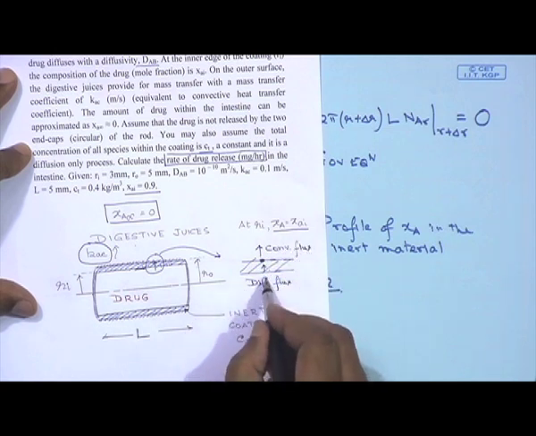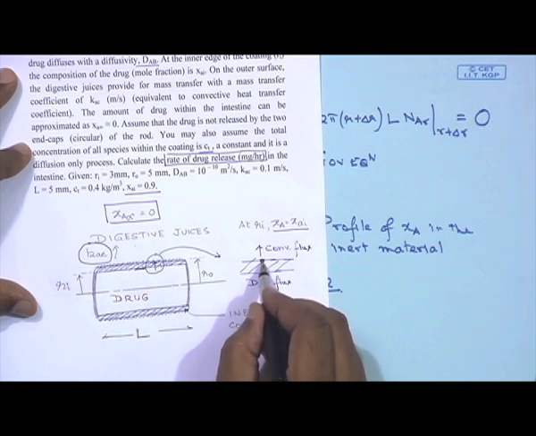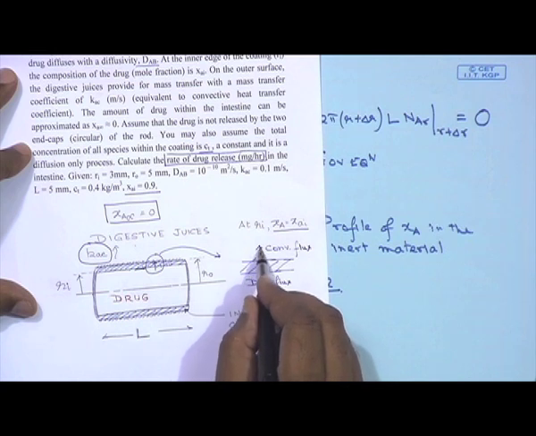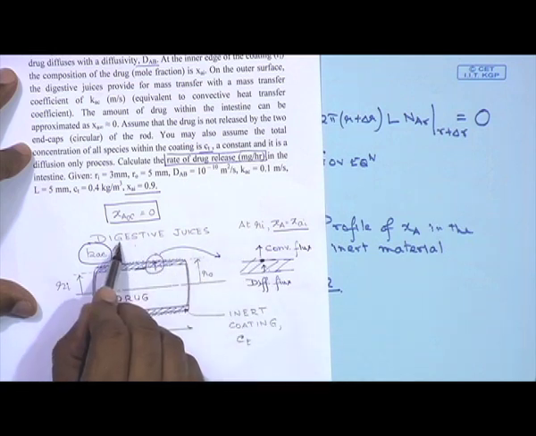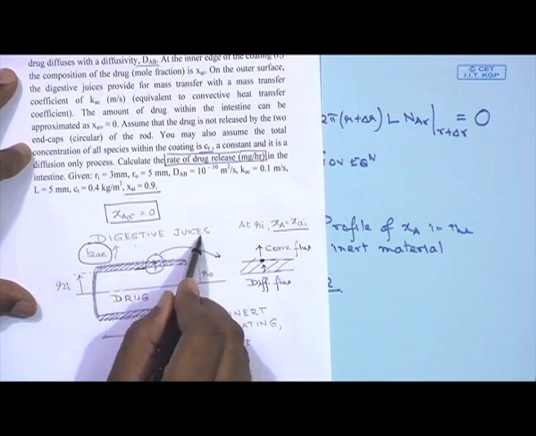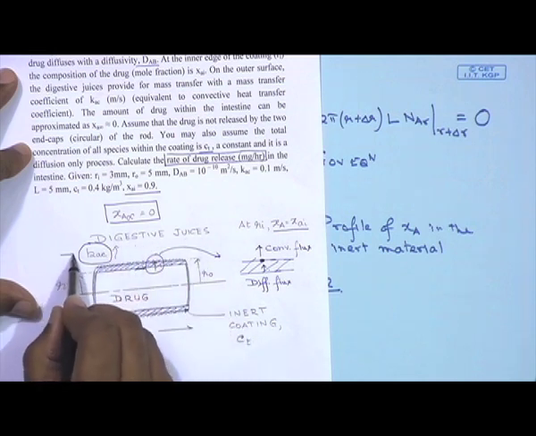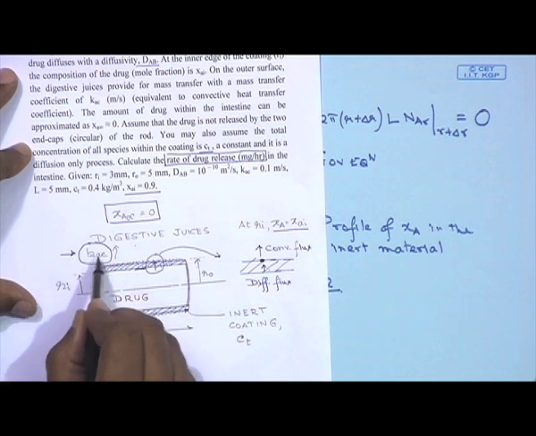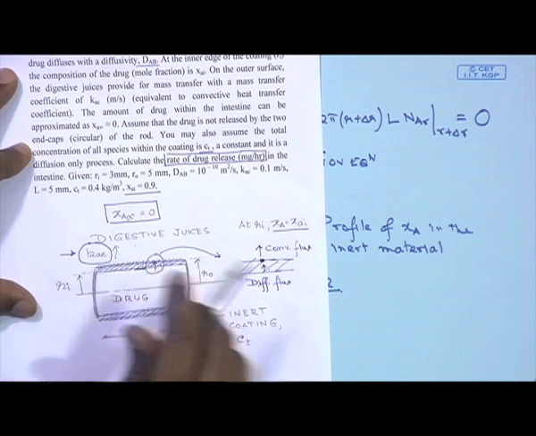So, the amount of A which reaches by diffusion to the outer layer of the coating must be convected out due to the convective condition maintained by the digestive juices, with a convective mass transfer coefficient denoted by k_Ac.